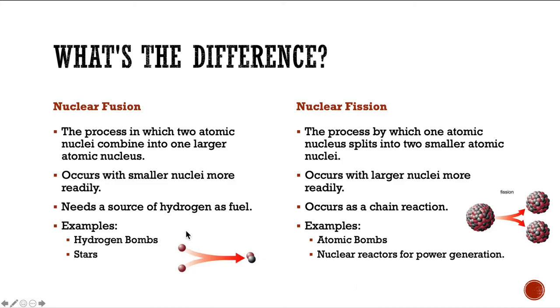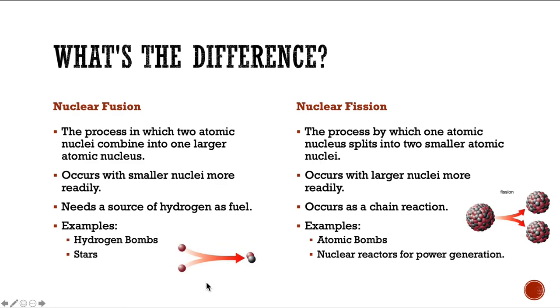So we're starting out with two small atomic nuclei here, and we're forming something larger. This generally occurs with elements that are smaller than iron. Anything smaller than iron is more likely to undergo a fusion reaction.